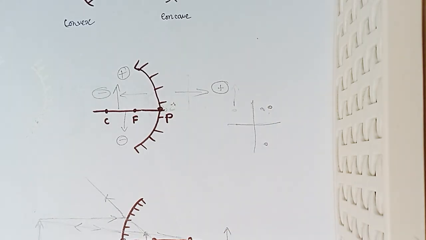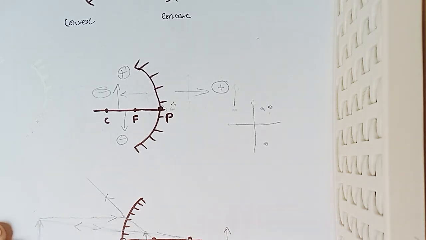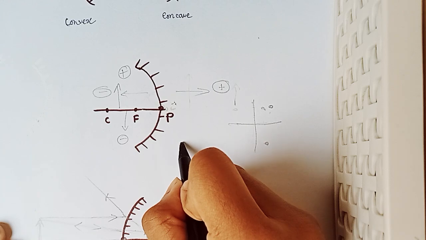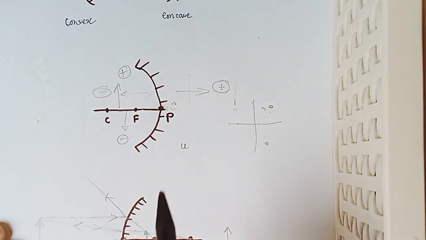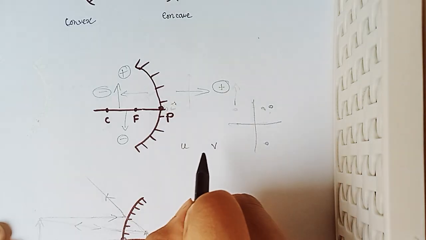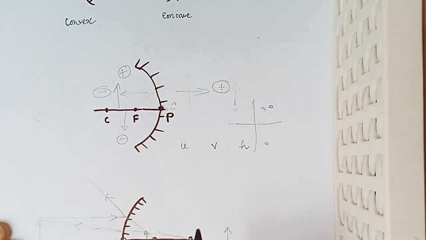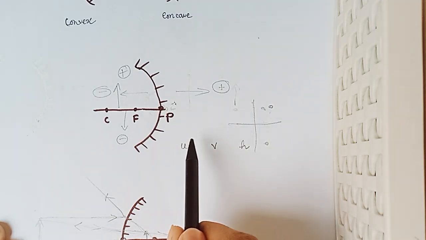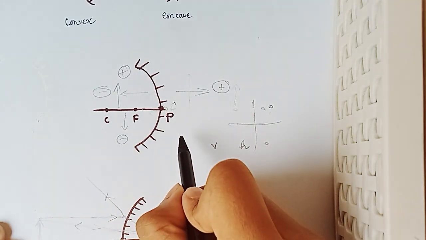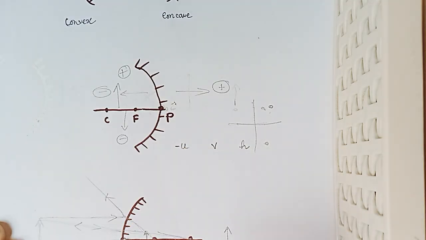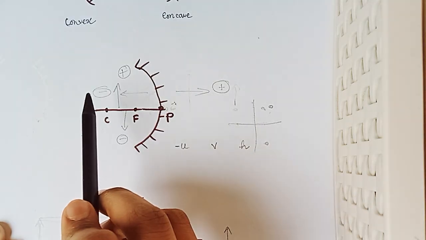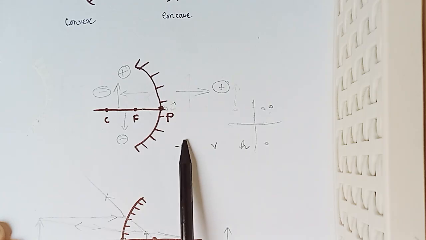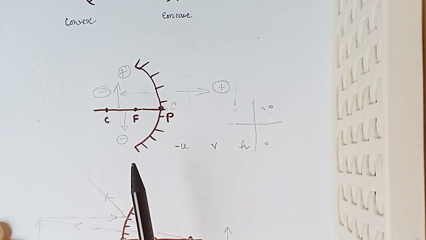The important terms that you need to remember in this lesson are: the object distance is represented as u, the image distance is represented as v, and the height is represented as h. So whenever the object is on the left, u, which is the object distance, is always negative.